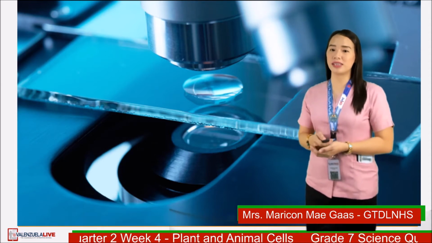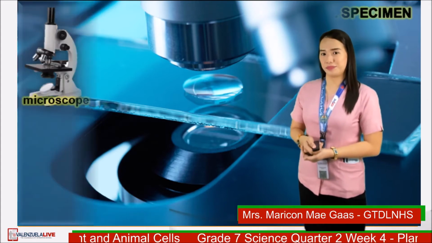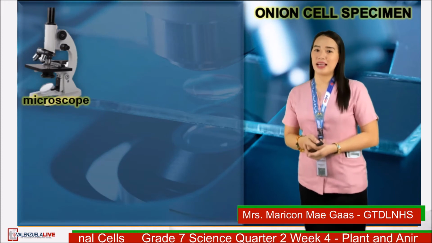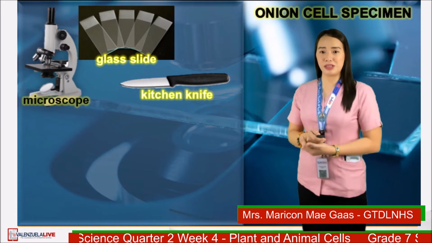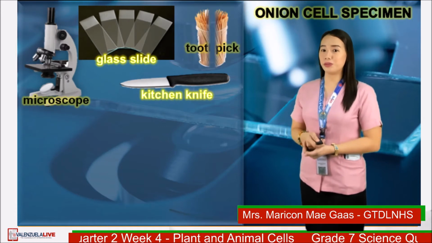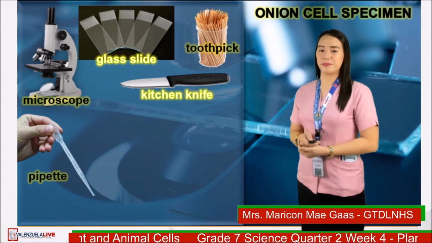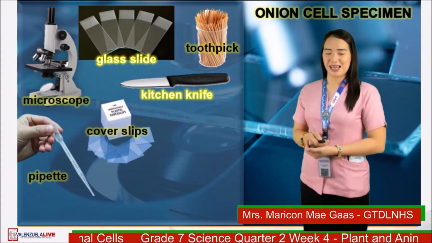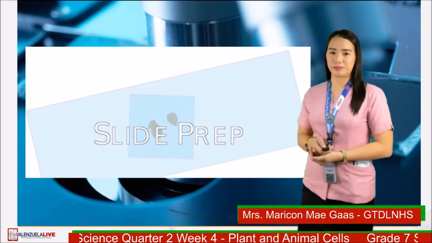For an onion skin specimen, you will need the following materials: a microscope, glass slide, kitchen knife, be careful in using sharp objects, toothpick, pipette or dropper, cover slips, iodine solution, and of course, an onion.